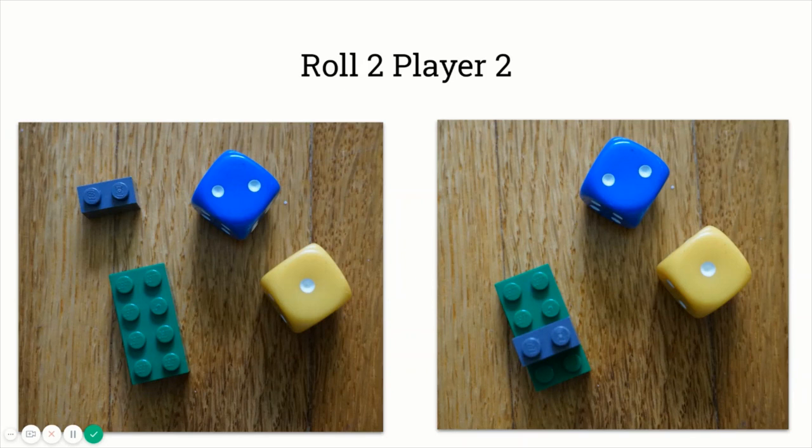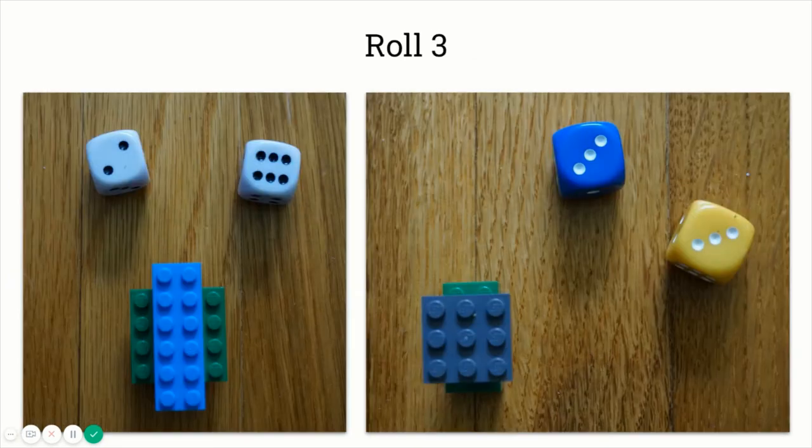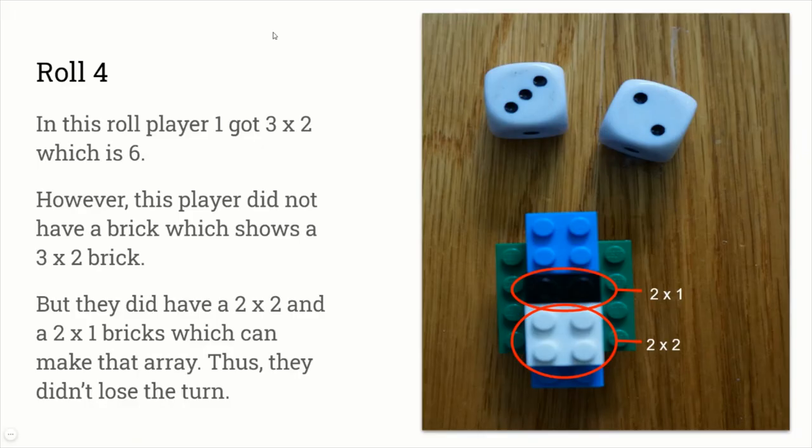Player 2 in roll 2 rolled 2x1, and so that small blue brick would go on top of the brick from the first roll. In roll 3, they continue on to stack as they go based on the number that they roll and create an array to show that.